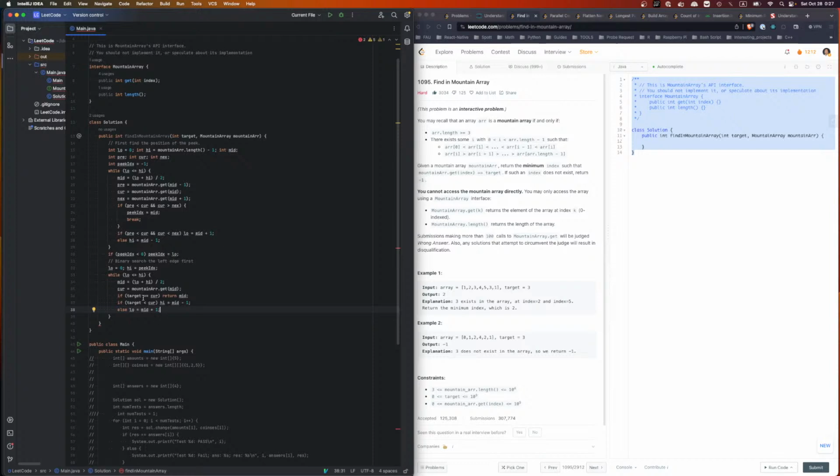Yeah, if the target is larger than, then low will be plus 1. So blah blah blah. If I didn't find out, then we say binary search the right edge.